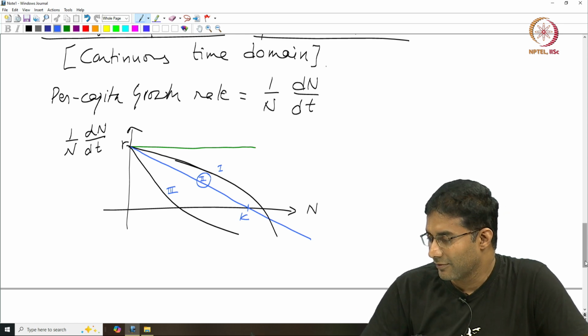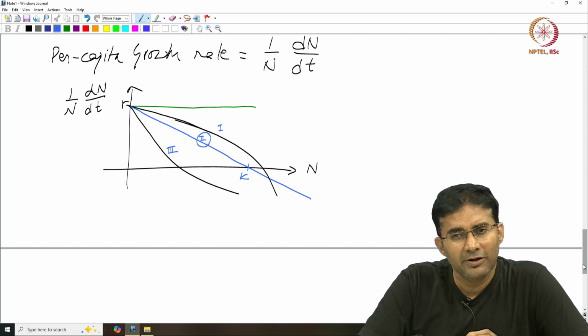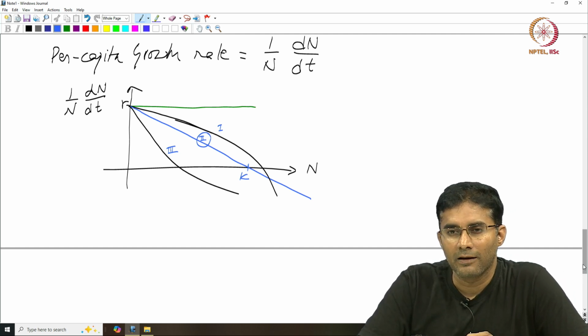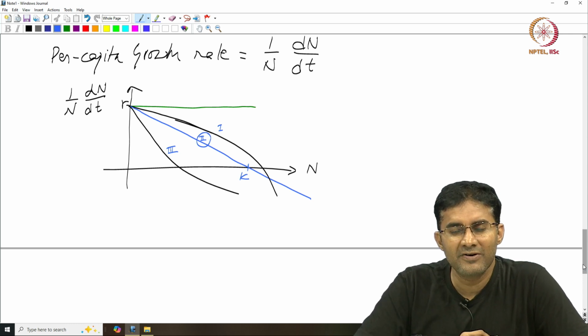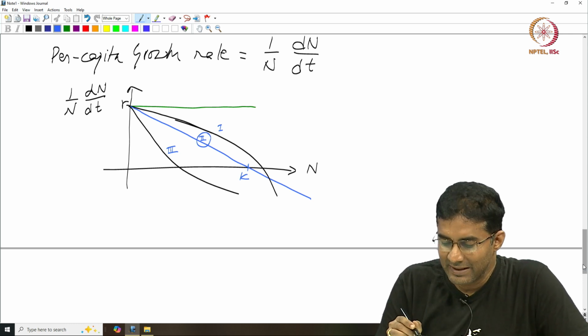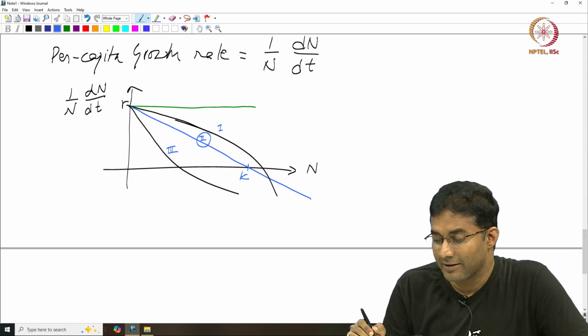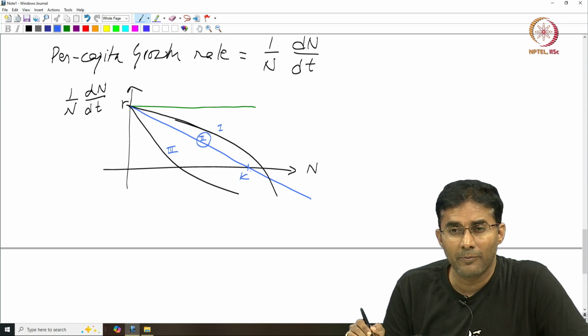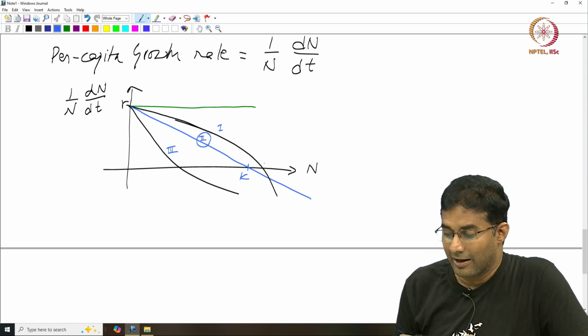So, what we will do is choose this. In one of the equations in the mathematics refresher class that I did, I showed the equation for this straight line that begins at r when population density is 0 and hits 0 when population density is k.